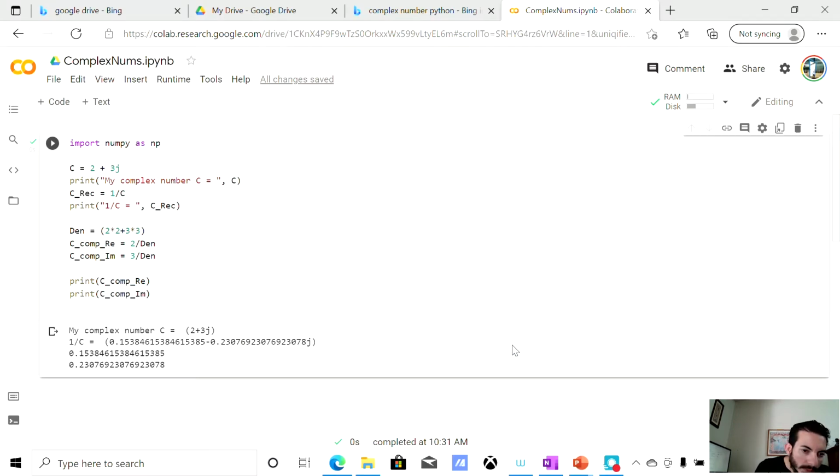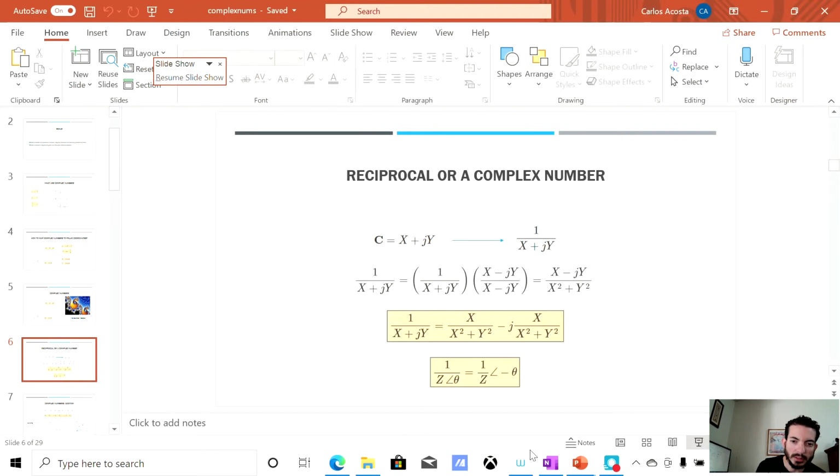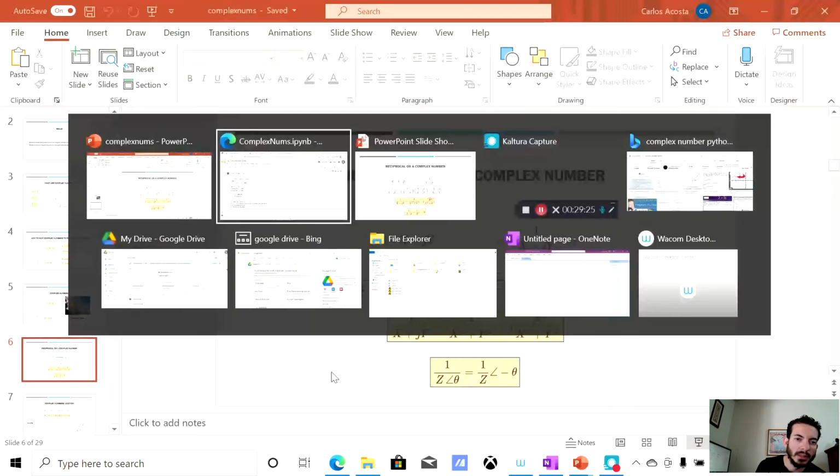So x squared plus y squared is 4 and plus 9, 13, and then if we do the reciprocal, 2, the real part, divided by that denominator, and the imaginary part is the imaginary part divided by the denominator. And by rule of operations it is going to be a negative quantity.